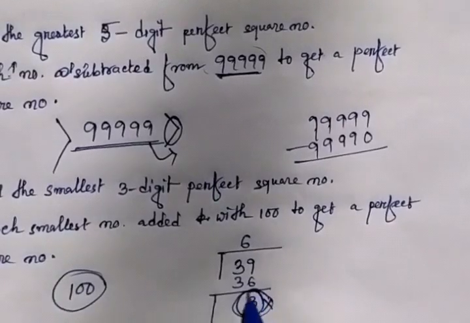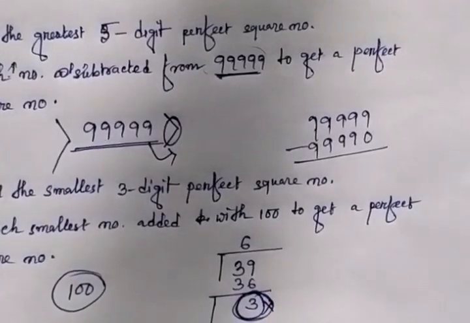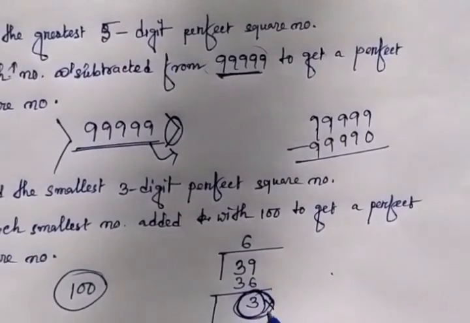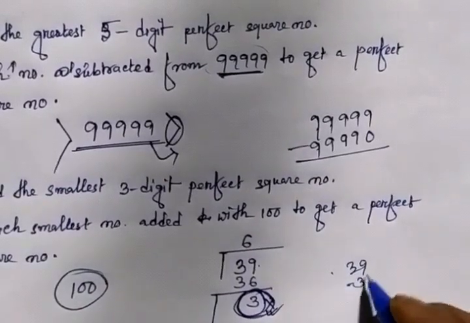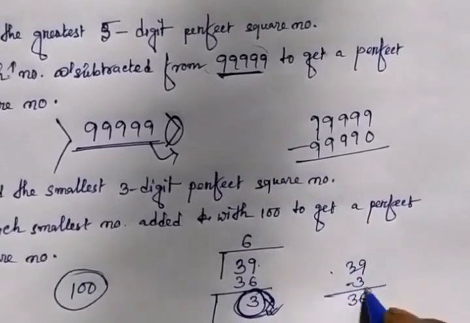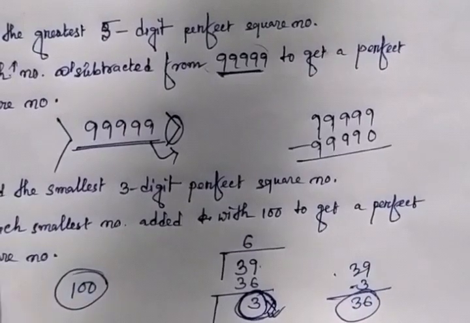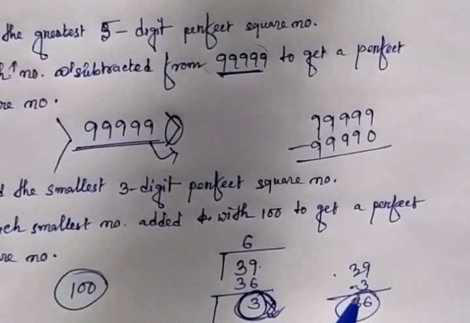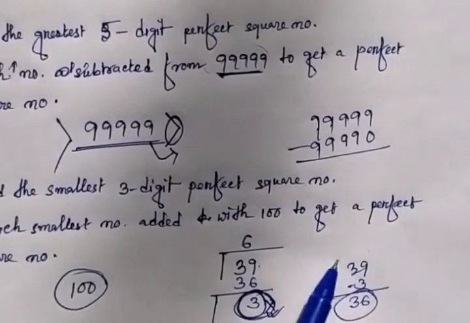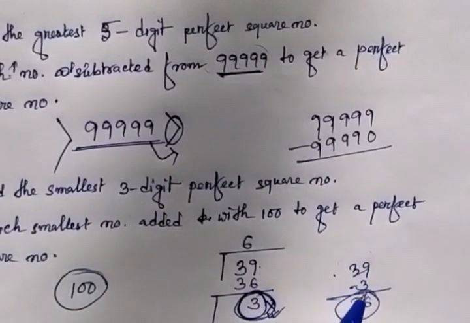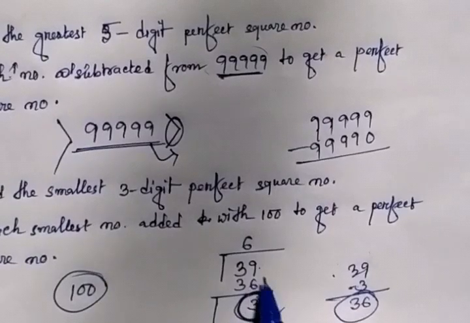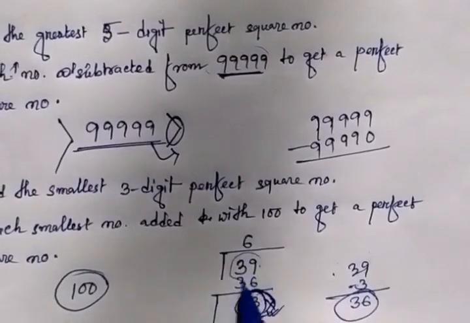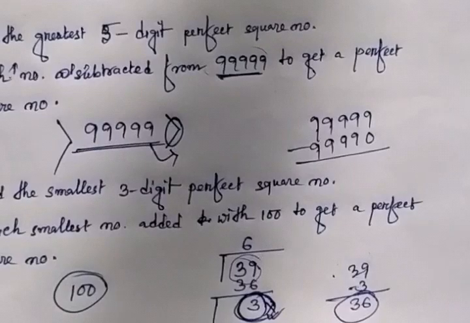If 3 is not there, then the number is a perfect square number. If we subtract 3 from 39, the result is 36. So 3 is the answer.